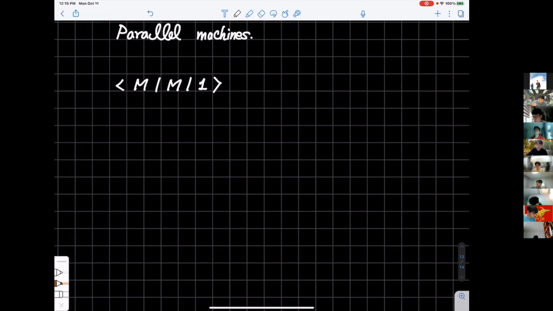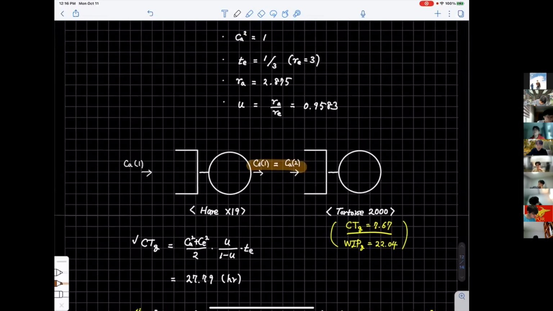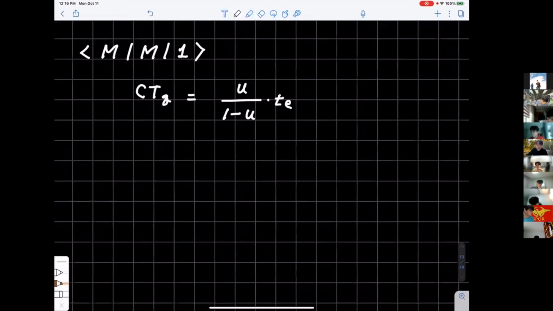So the important performance measure is Ctq. In the case of MM1, Ctq was, right, let's check. It is right. It's like this.